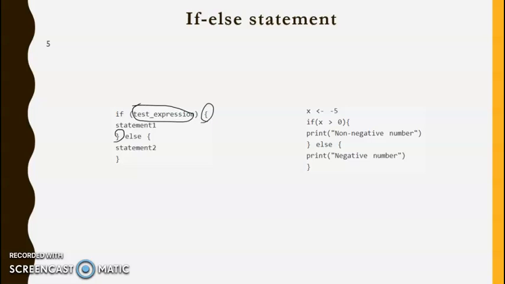But the point that I want to tell you is that what if we put 0 here? If we put 0 here, still it prints it as a negative number because 0 is not greater than 0, so this condition is not holding, and so it comes to this and prints negative number.